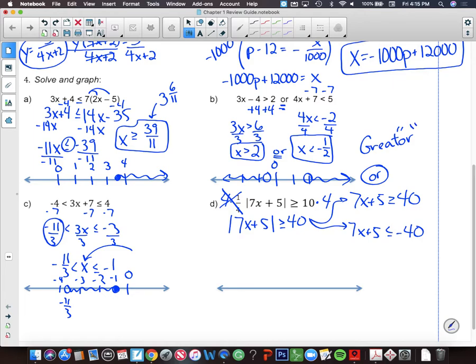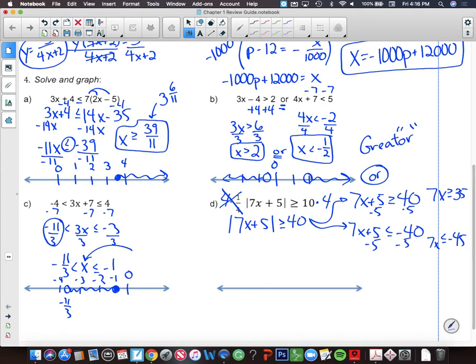So solve those two. So minus 5 on both of them. And then you'll get 7x is greater than or equal to 35 on that first one, 7x is less than or equal to negative 45. And we can solve it from there. Okay?